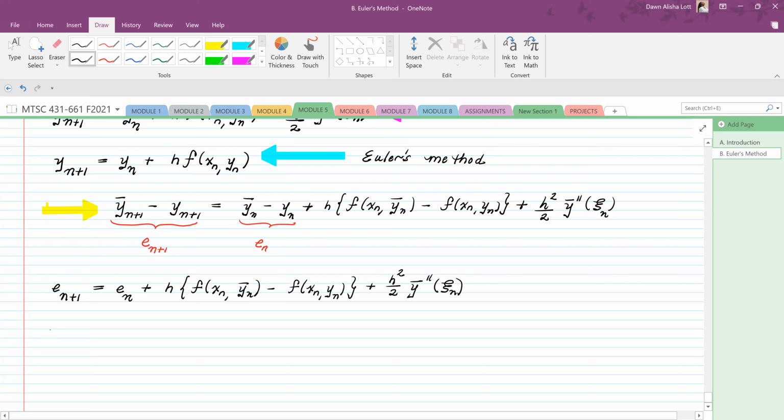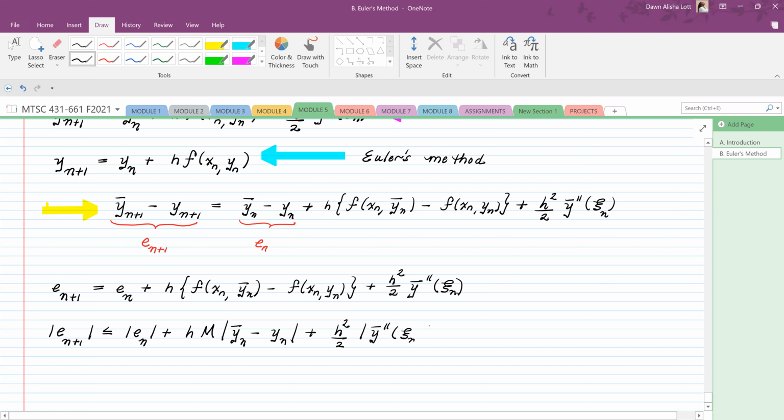Now when I plow through with absolute values, I end up with less than or equal to h times M times the absolute value of y bar n minus yn, plus h squared over 2 times the absolute value of y bar double prime of cn.